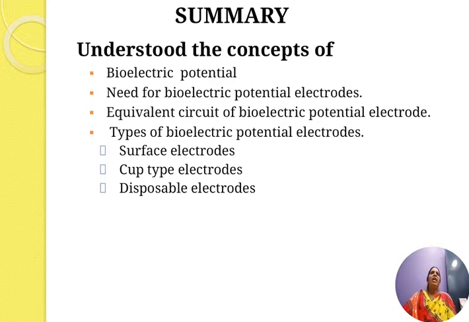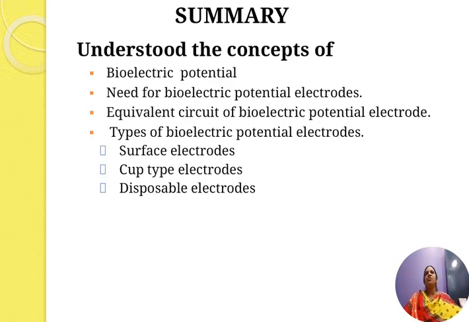So we need conversion of these ionic potentials into electrical voltages before they can be measured by a conventional method. You need a transducer which converts these ionic potentials into electronic potentials.